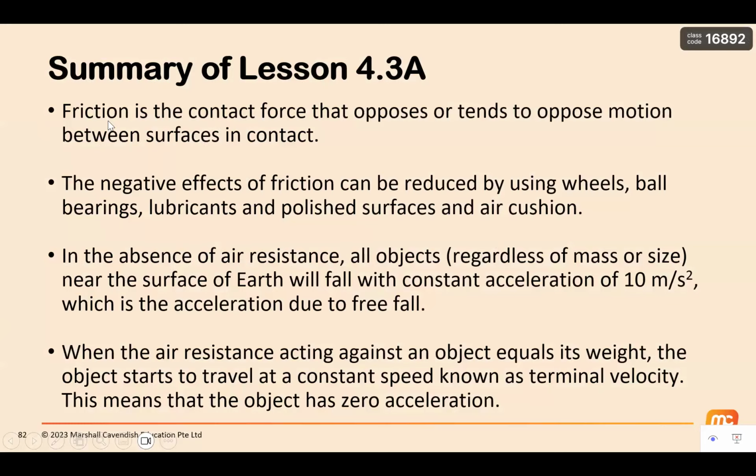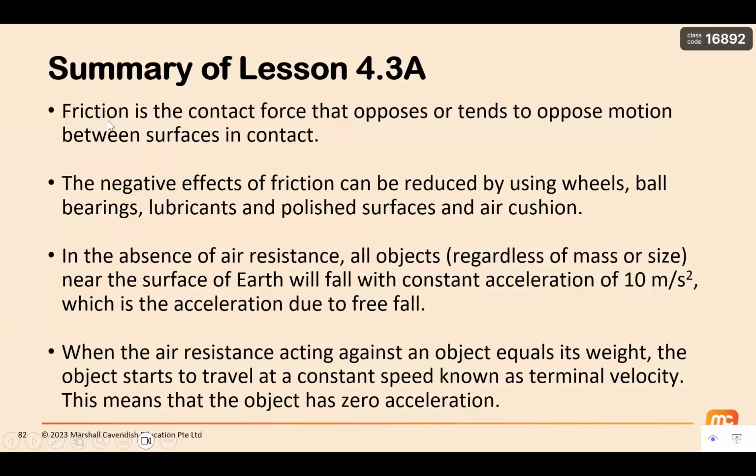That's it. Okay, this is the summary. We have covered that friction is a contact force that opposes motion and it acts between surfaces in contact. And friction has positive effects and negative effects. We can reduce the negative effects by using things like wheels, ball bearings, lubricants, polished surfaces, and air cushion.